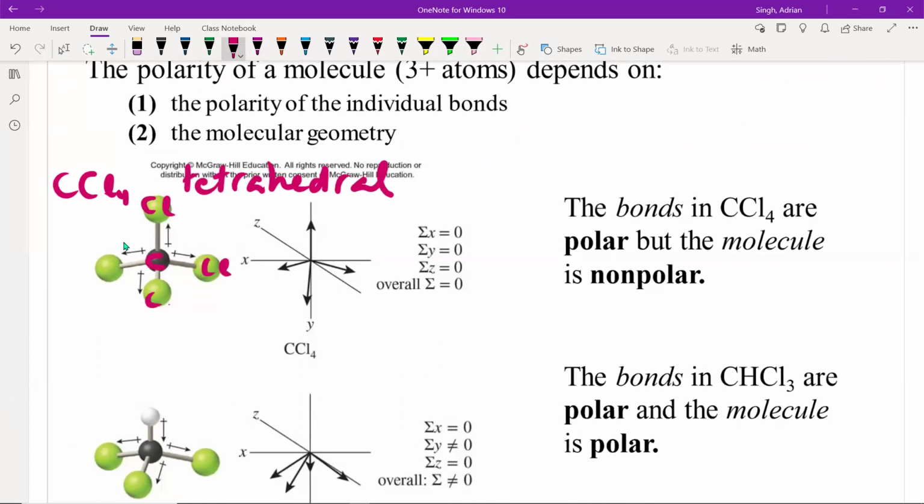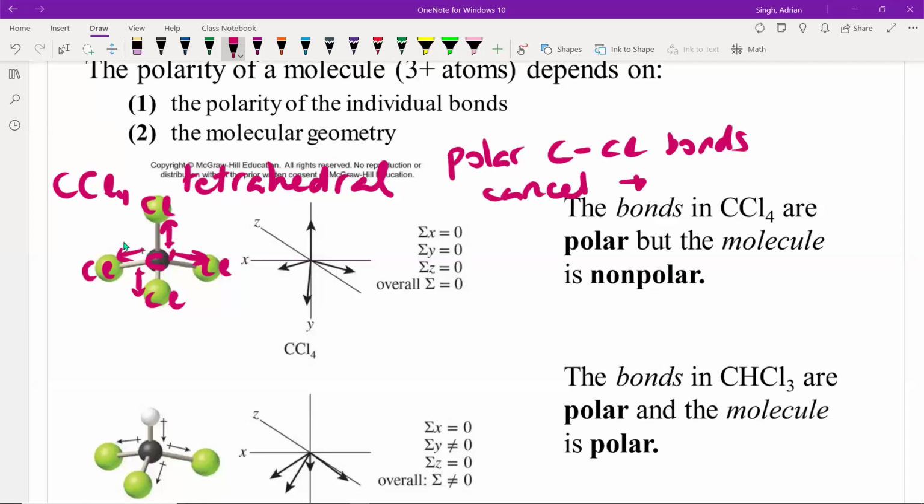Each of the carbon-chlorine bonds is a polar bond, so all of those have dipoles associated with them. Because these are all equal and opposite, they all cancel out. So the polar CCl bonds cancel, and as a result, the molecule is non-polar.